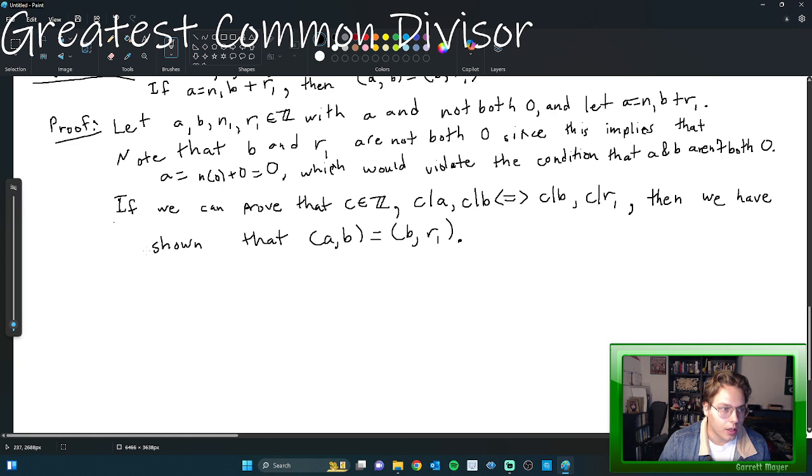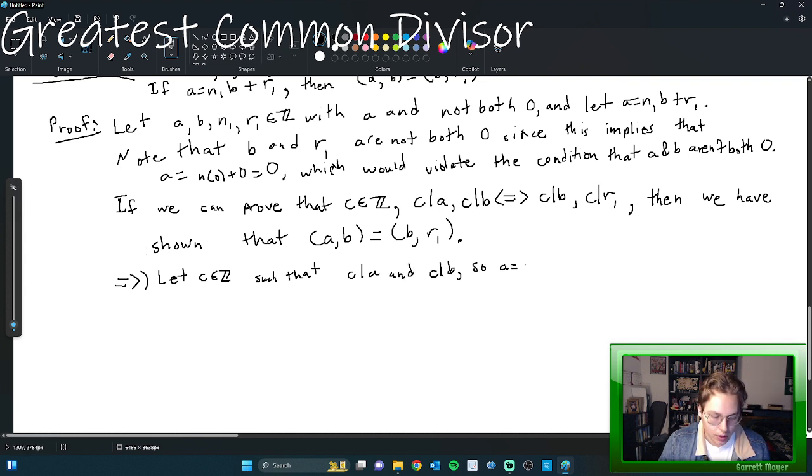So let's start by proving the first direction. Here we're just going to let c be an integer such that c divides a and c divides b, so a equals ck and b equals cl for some integers k and l.